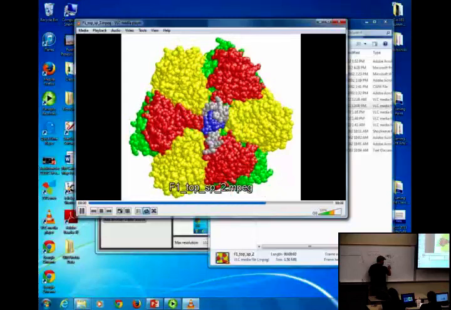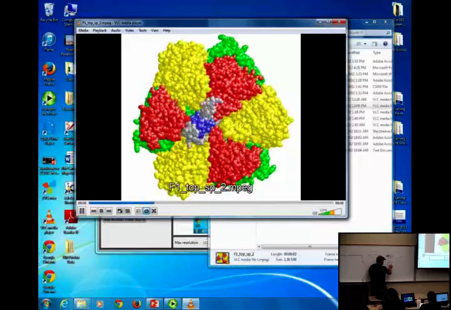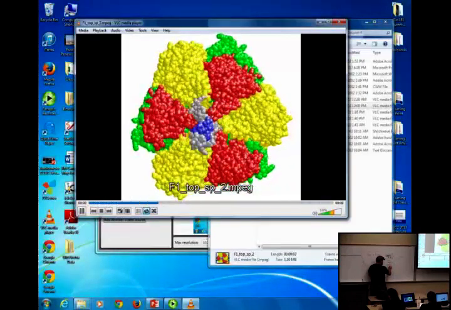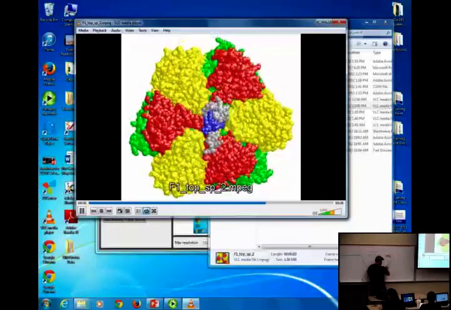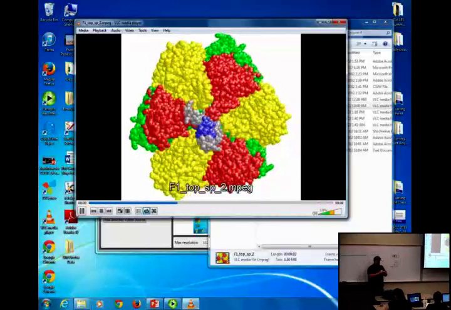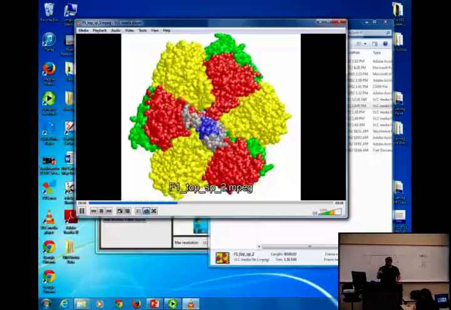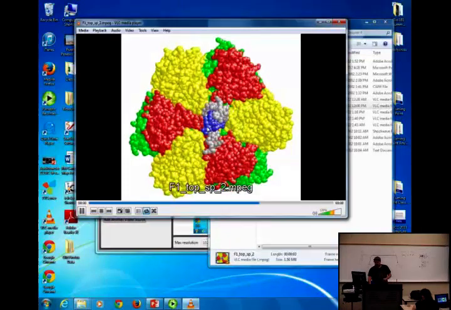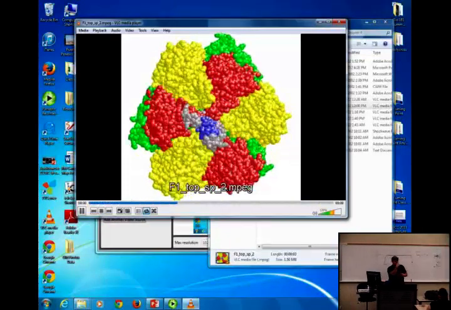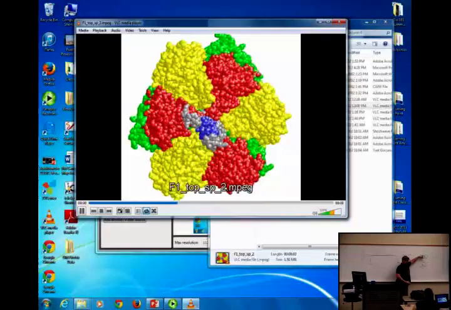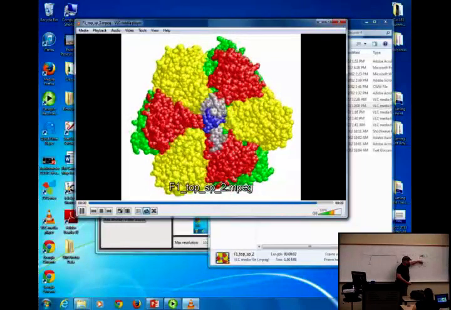You can see that here, except one of these is yellow, one is red, and this is gray. In that image, the drive shaft, this gray and blue part right here, is turning. And it's turning because F0 is turning and it's attached to it.